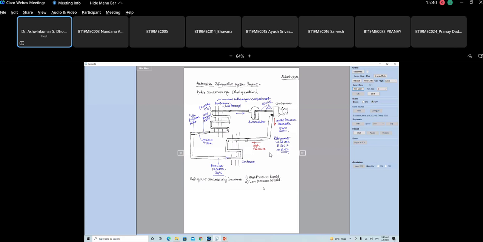Okay, then third it becomes high pressure vapor, high pressure vapor, and the fourth one is low pressure vapor. So basically this portion is low pressure vapor. When it enters, this is low pressure liquid.